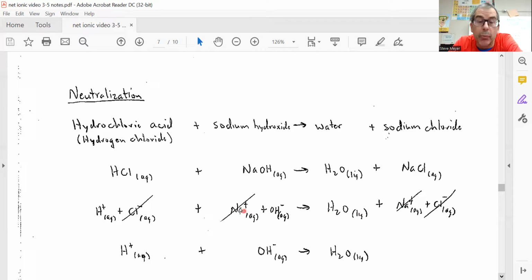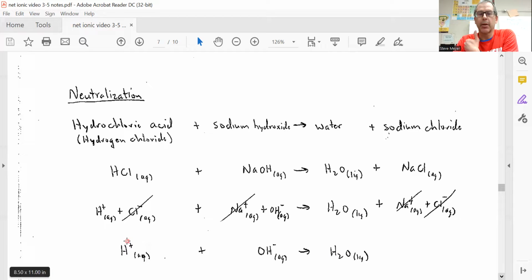In this case, and in most cases, the Na pluses and the Cl minuses are aqueous both times. They're the spectator ions. So looking at what's crossed out, it's H plus plus OH minus forms H2O. That's typical in a neutralization reaction: you get H plus and OH minus forming H2O.